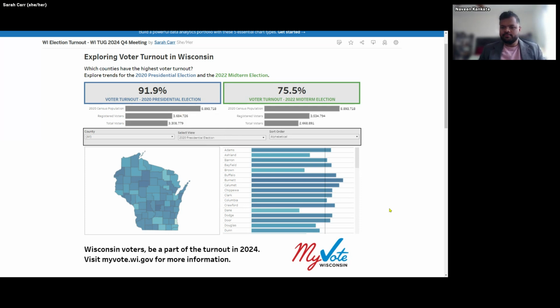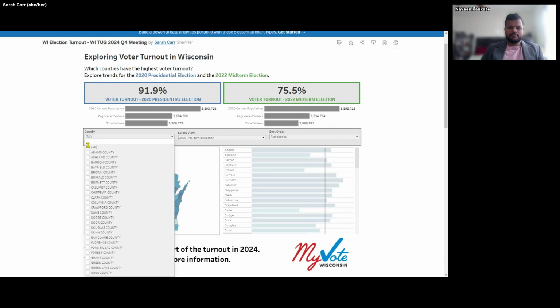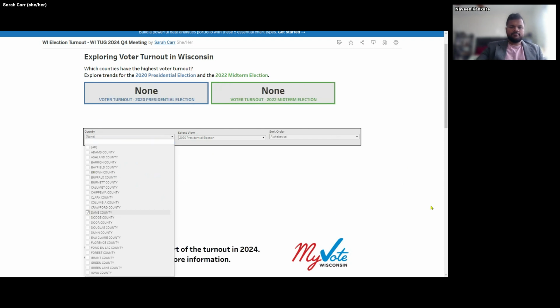The main metric that I focused on was voter turnout, the number of voters divided by registered voters, and then showing that by county. Because the presidential election and the midterm elections can be so different, I wanted to show that contrast. So that's what I have up here at the top. And then you can dig in more with specific counties by selecting one there.